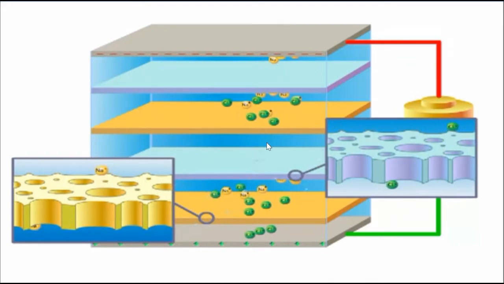Here you can see the animation where yellow colored cation selective membranes, which can allow only sodium like cations to pass through it, and blue colored anion selective membrane which can allow to pass only chloride like anions through it.